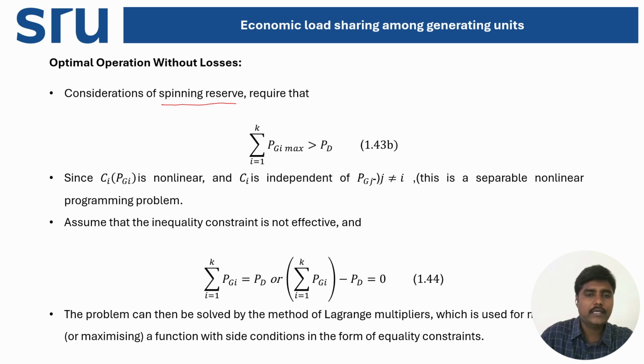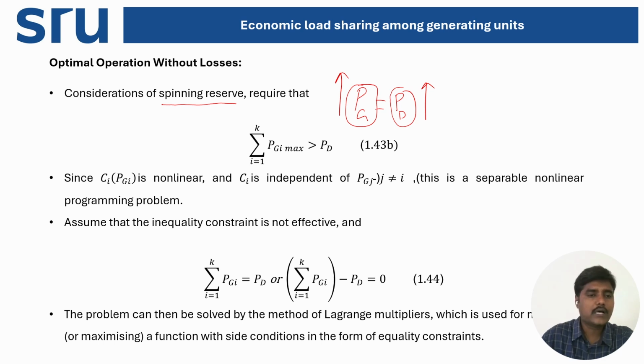Ideally the exact total generation should be equal to the power demand, but we should also have some excess power generation, because whenever the load demand rises quickly, you have to raise the power generation also. So for that you should have some spinning reserve facility.